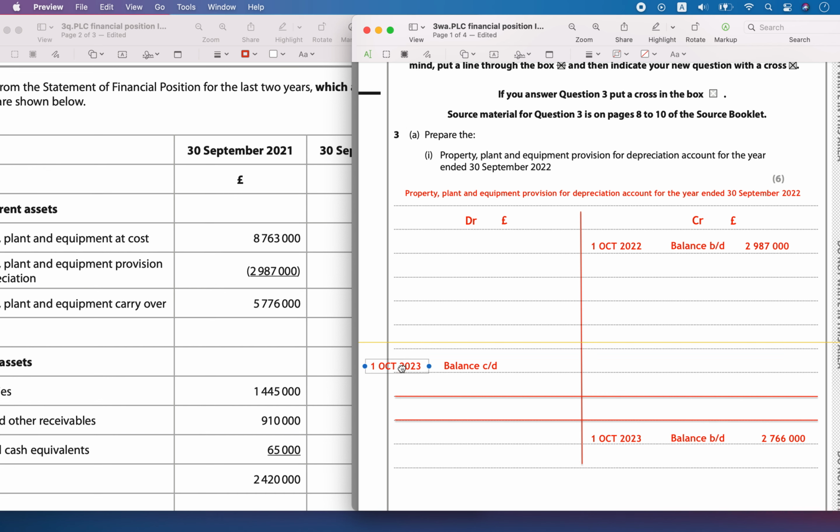As on 30th September 2022, the end of the financial year, the balance carried down will be the same here.